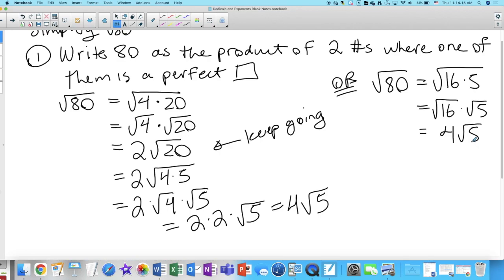If you keep going and do it in 2 steps, that's totally fine. Okay, but what you want to actually do is look for the largest perfect square that's a factor of your radicand, if you want to do it in one step. Okay, so look for the largest perfect square that will work.